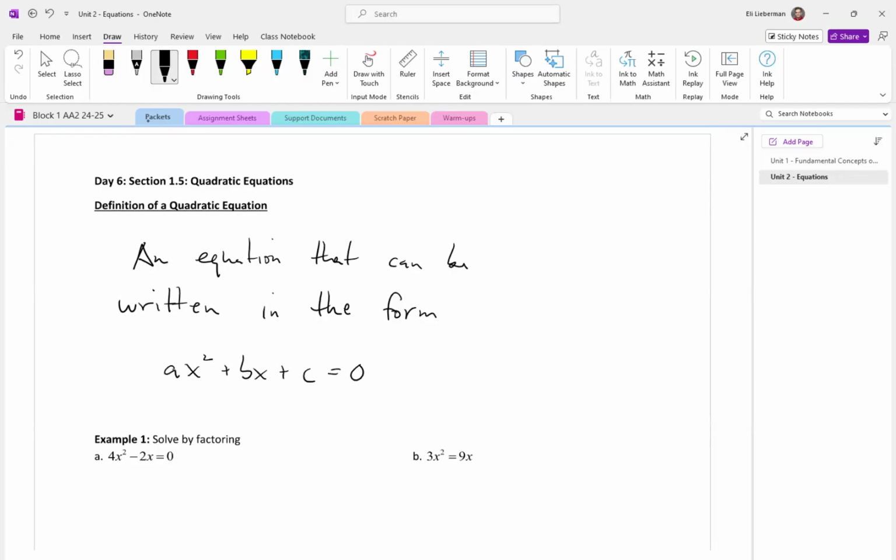That is, of course, the equation in standard form. And a cannot be equal to 0. If a is equal to 0, what kind of an equation is it? It's a linear equation, which is a whole different ballgame and a lot easier to solve. Don't you agree?